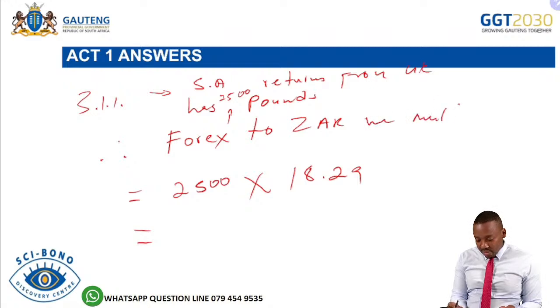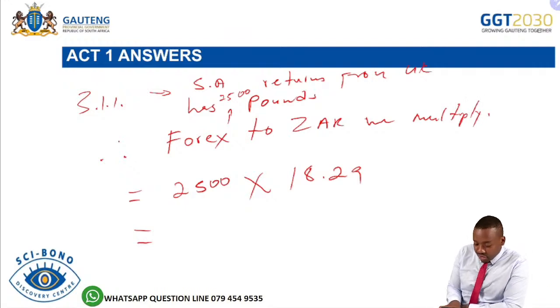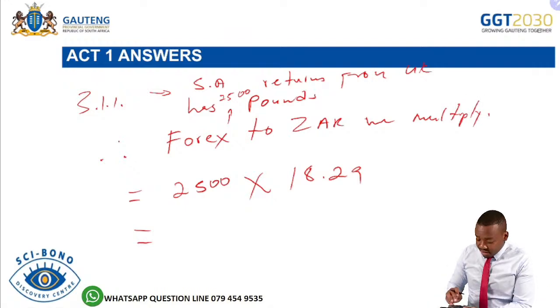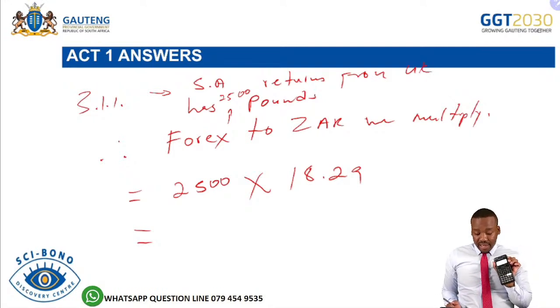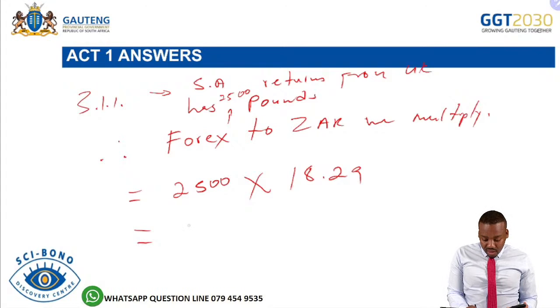We multiply. Right. Let me check. You should have your calculator there. So 2,500 times 18,29. Then what do we have? You see, it is exactly like this. So it is 45,725.